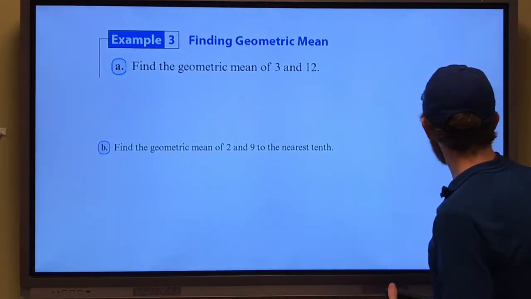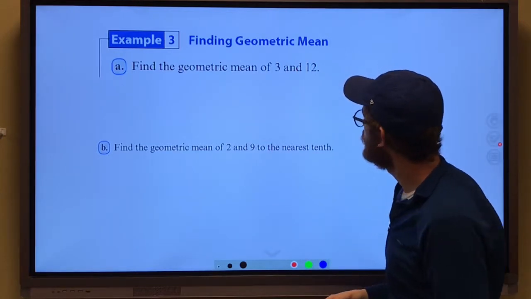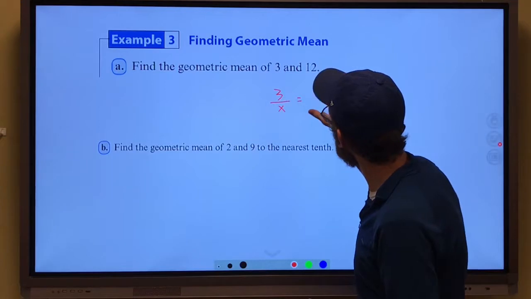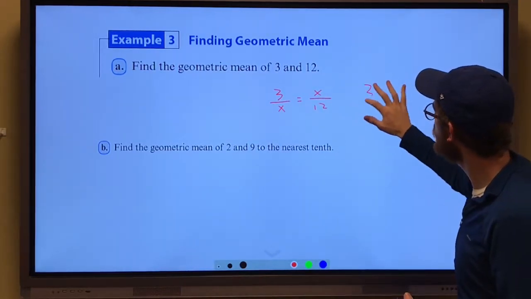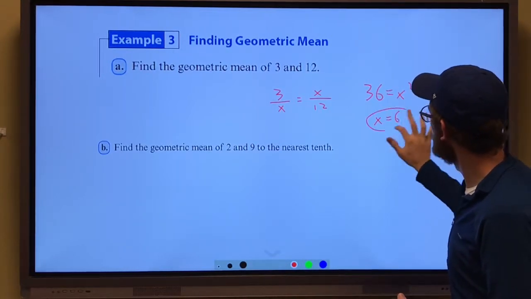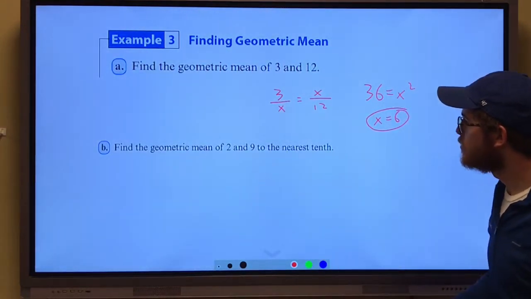If we want to find the geometric mean of 3 and 12, once again, averaging these would give us 7.5, but the geometric mean is the one number that satisfies the mean positions. We cross multiply, we get 36 equals x squared, and that means x would be 6, a nice, pretty number. Find the geometric mean of 2 and 9.